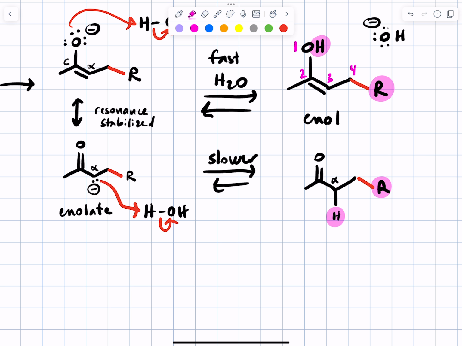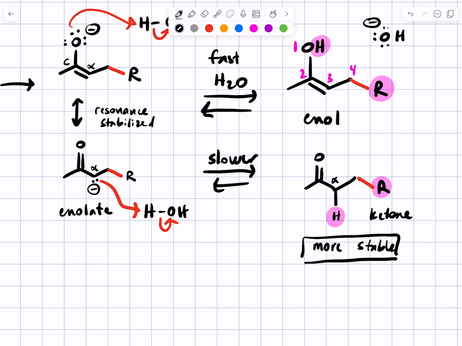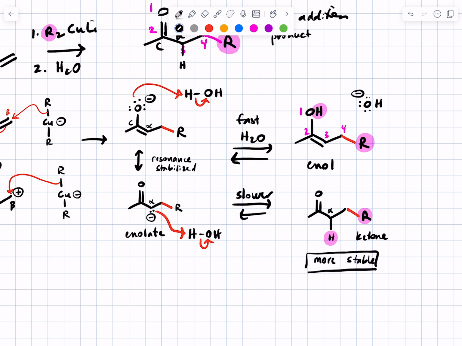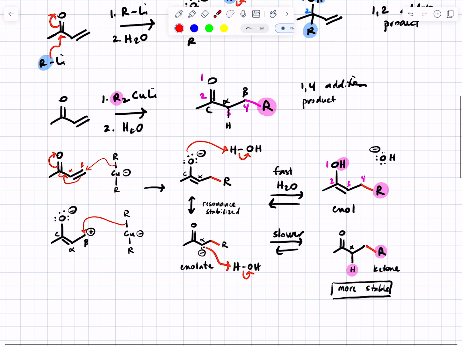So ultimately, even though we formed the enol first, we pretty rapidly end up with the more stable isomer. The enol and the ketone, and so this is why we call it a 1,4 addition product, even though the hydrogen doesn't ultimately end up on position 4, okay?